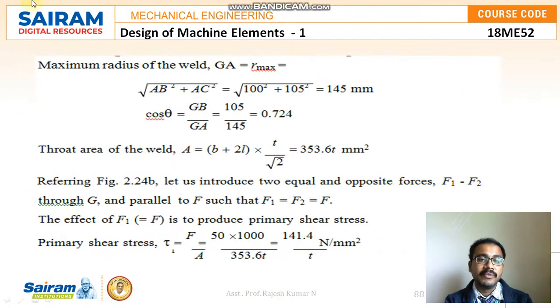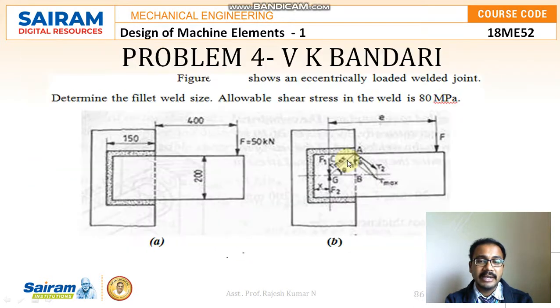The maximum radius of the weld, GA, is equal to R max, which is equal to square root of AB square plus AC square, that is square root of 100 square plus 105 square. After simplification we get it as 145 mm. Now cos theta is GB by GA. This is cos theta, the adjacent side divided by the hypotenuse.